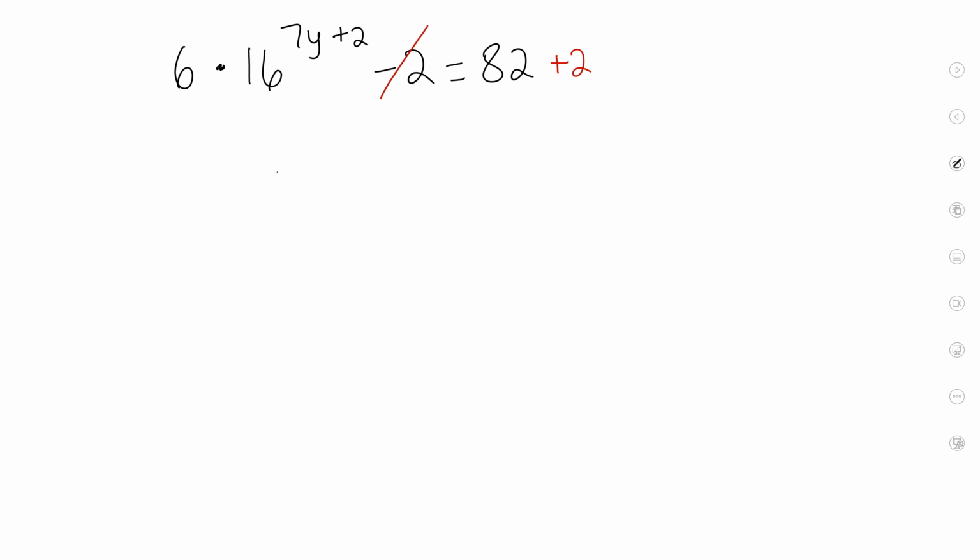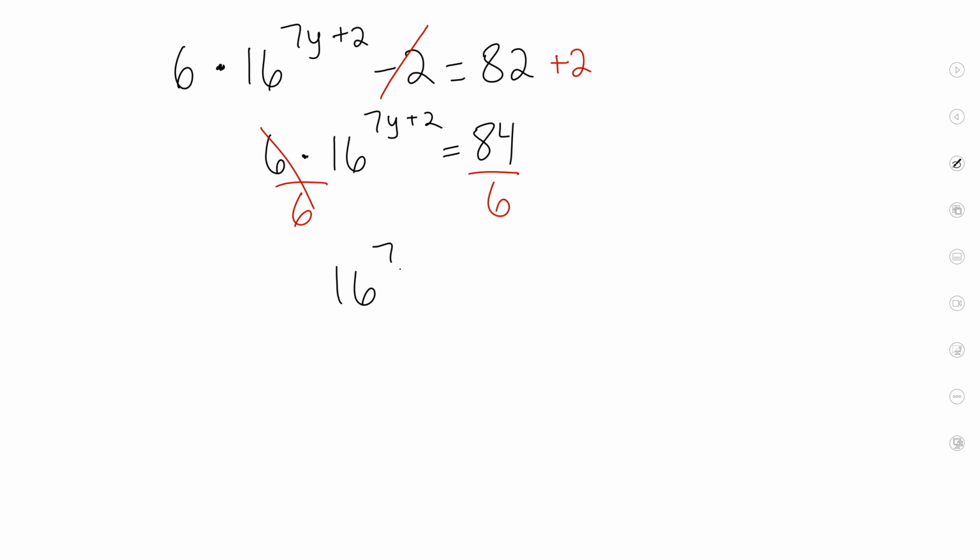We are left with 6 times 16 to the power of 7y plus 2 equals 84. Now what do I do to both sides? Yes, now comes the division. So we're going to divide by 6.